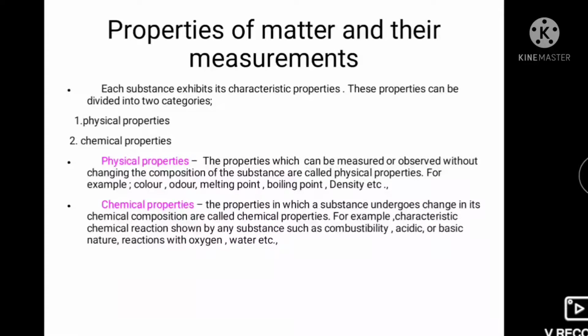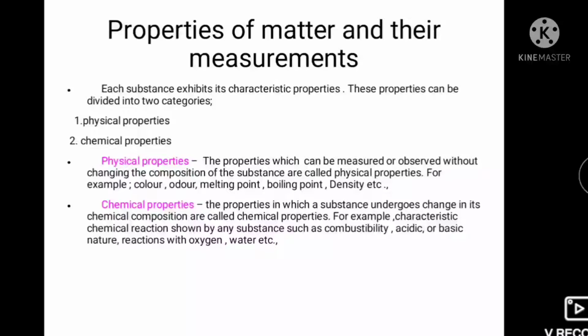Chemical properties are the properties in which a substance undergoes a change in its chemical composition. For example, the characteristic chemical reactions shown by any substance, such as combustibility, flammability, acidic or basic nature, and reaction with oxygen, water, etc. For example, the formation of rust is a chemical change.